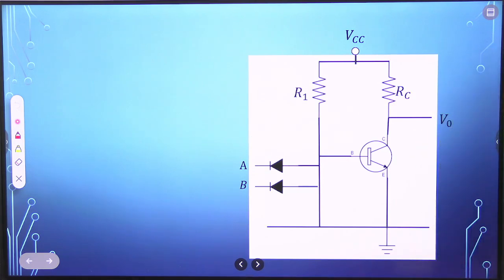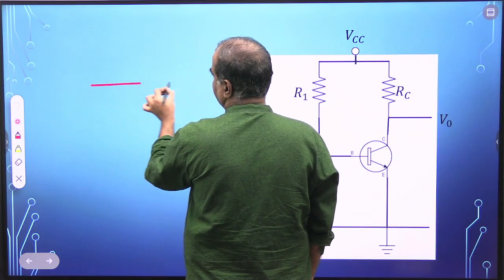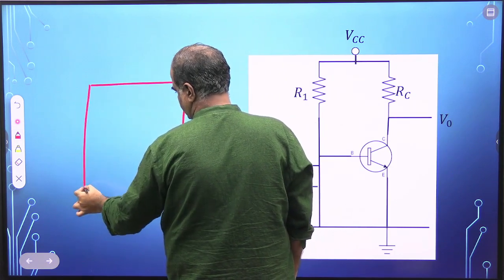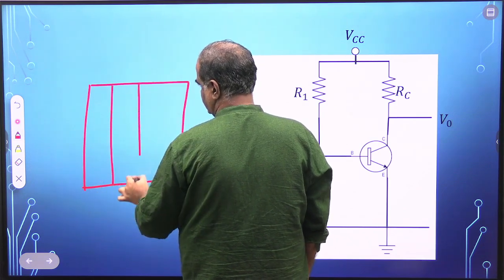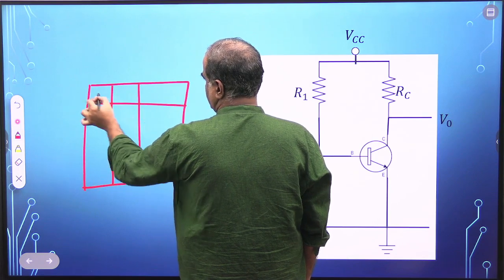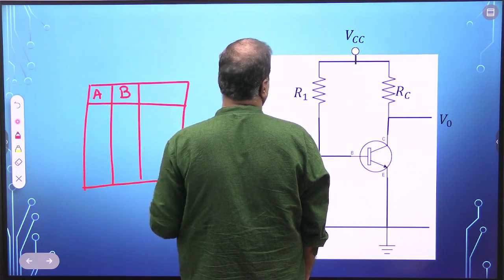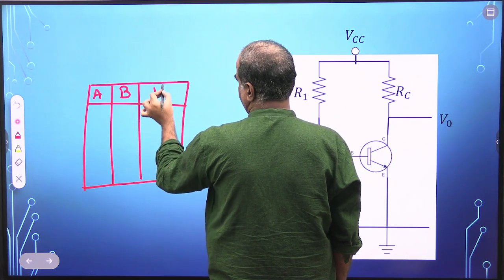So make the table. Say A, B, and then you have B naught.